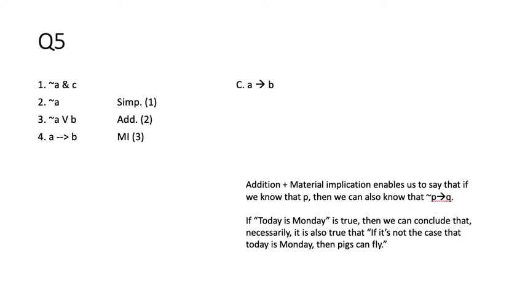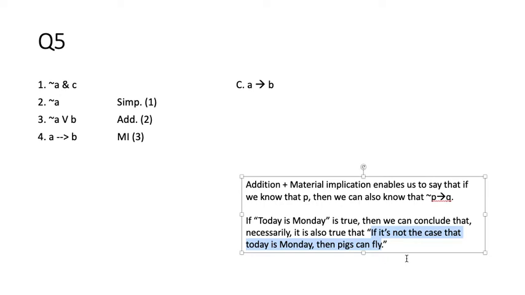And that's kind of weird. You might think, from the fact that today's Monday is true, does it really follow that if it's not the case that today is Monday, then pigs can fly? And in fact, we can conclude that necessarily. The truth of this sentence that I'm highlighting entails the truth of this sentence, okay?